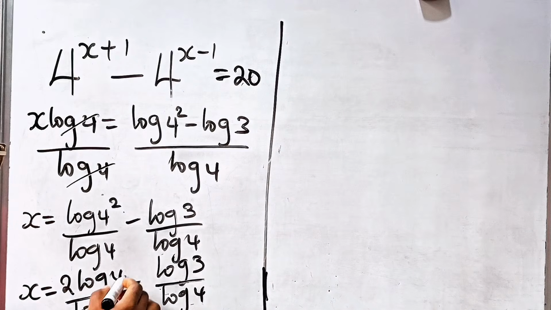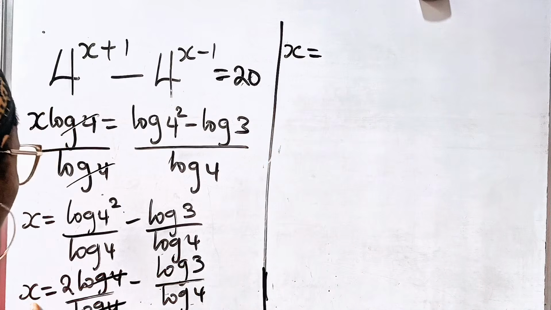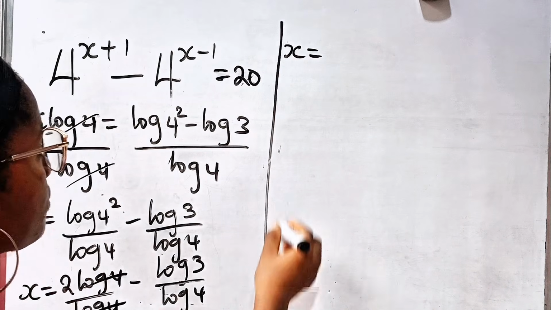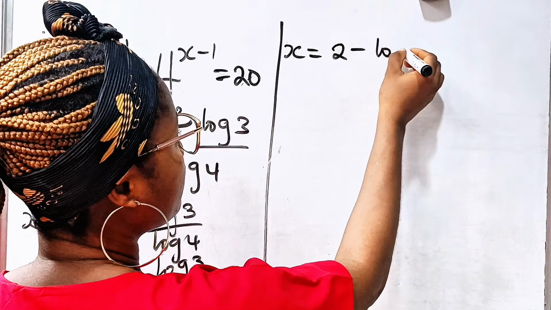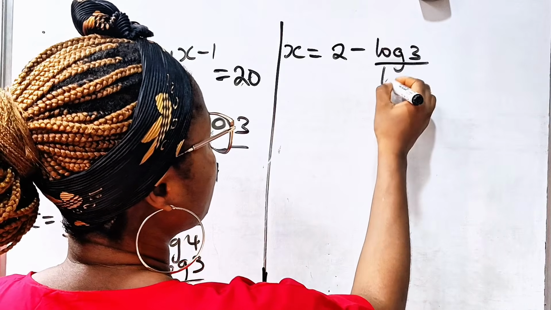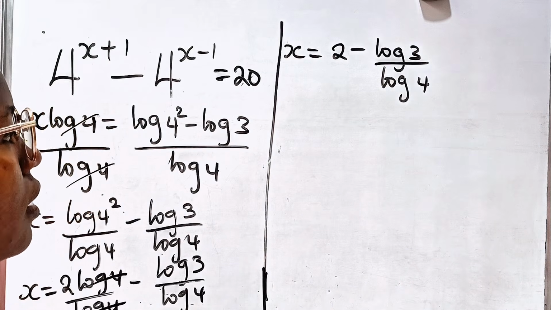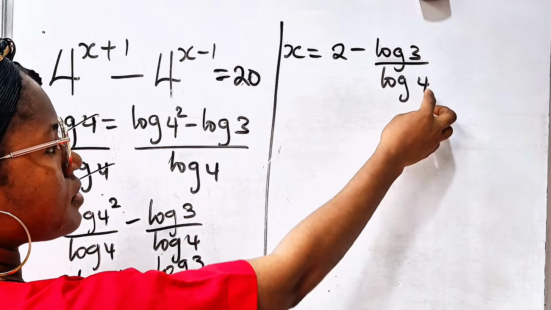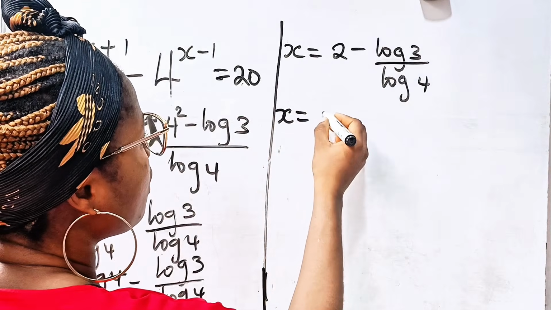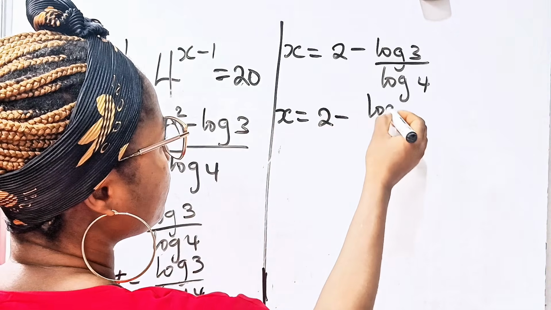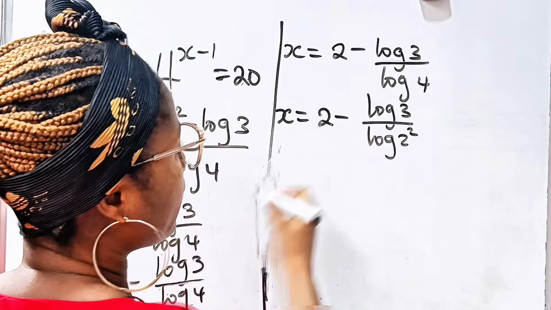So log 4, we take away log 4, we are left with x is equal to 2, right? Minus log 3 over log 4. Okay, now 4 is the same thing as 2 squared. I'm trying to simplify this further. So we have 2 minus log 3 divided by log 2 squared.